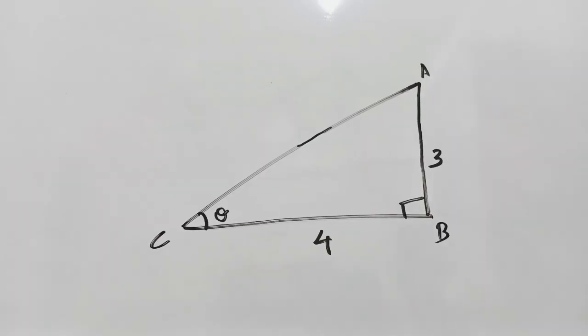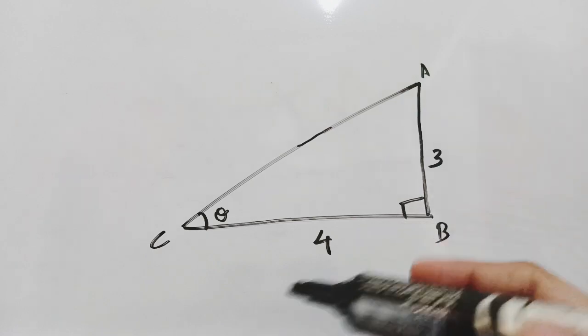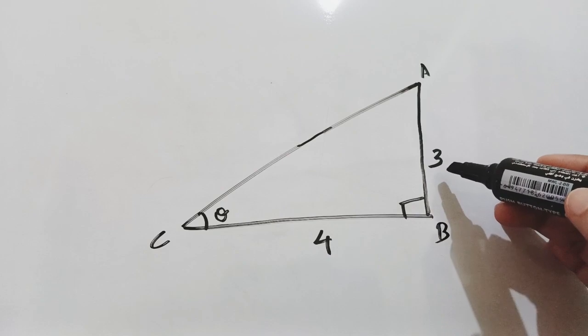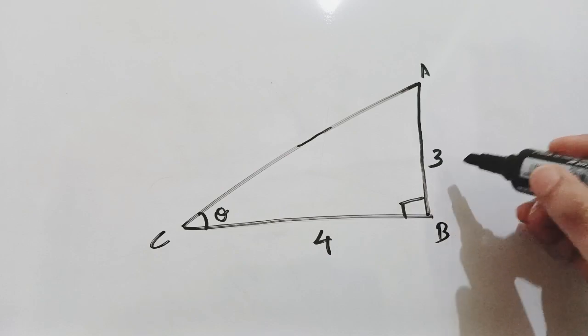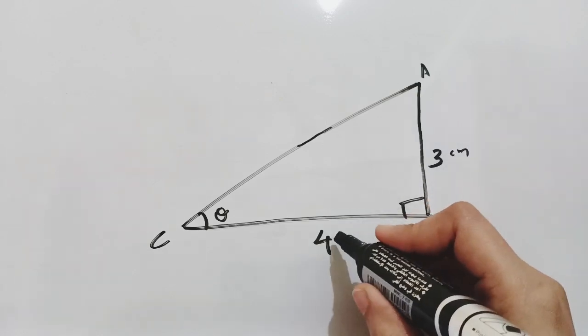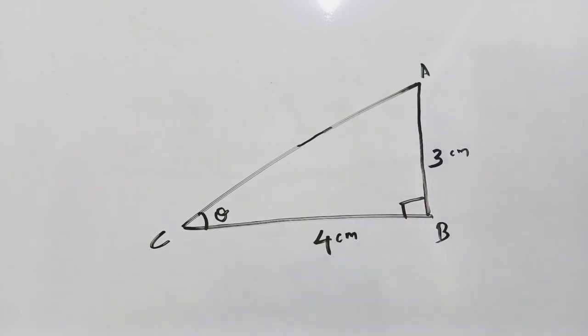Now consider a right triangle ABC. Here we write this angle as theta, then its opposite side is measured as 3 centimeters, and the adjacent side is measured as 4 centimeters.